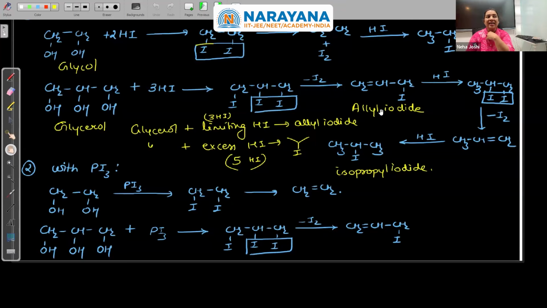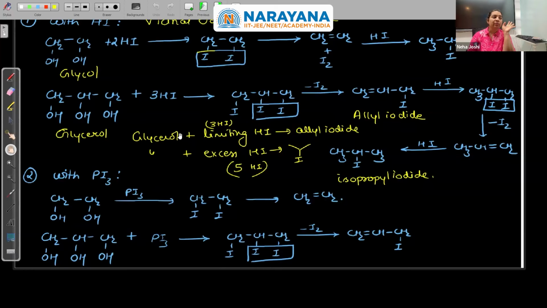Again, it is unstable, so allyl iodide is formed. If a question is given like glycerol with limiting HI, what will be the product? You give the answer as allyl iodide. But if excess HI is given, then further addition will start. Again, I2 is gone, HI is added again, and we ultimately have isopropyl iodide as the product.